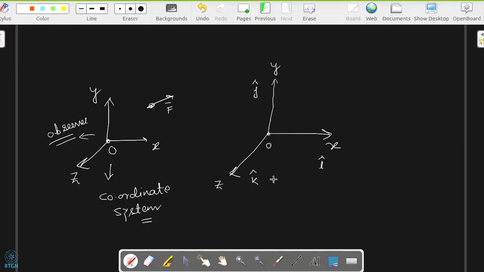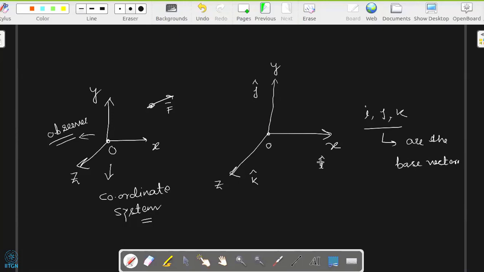This is also well known to us. And since these x, y, z are linearly independent, they form the independent base vectors. So that's why i, j, k are the base vectors to define this coordinate system.